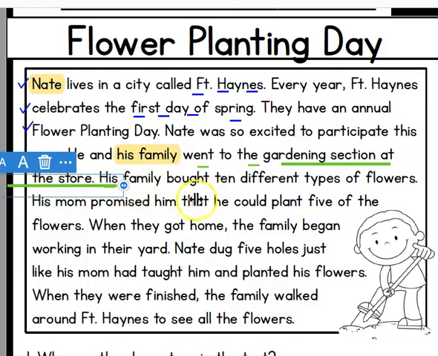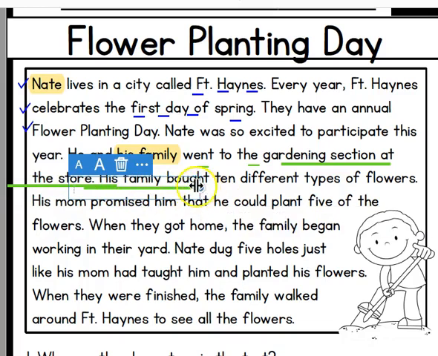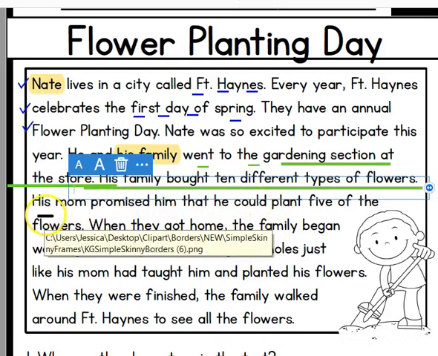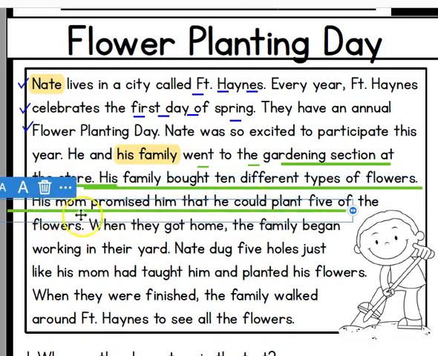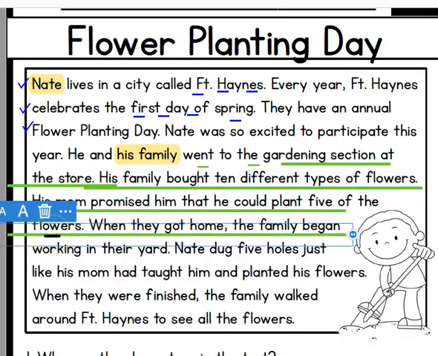And that they bought 10 different types of flowers. And his mom promised he could plant 5 of the flowers.